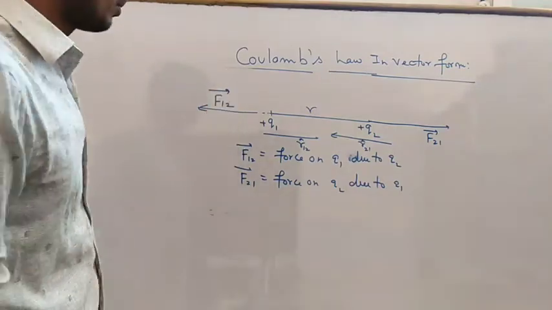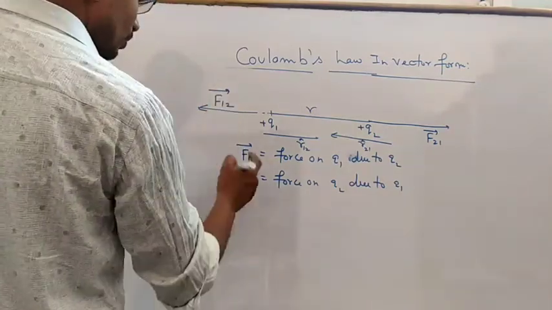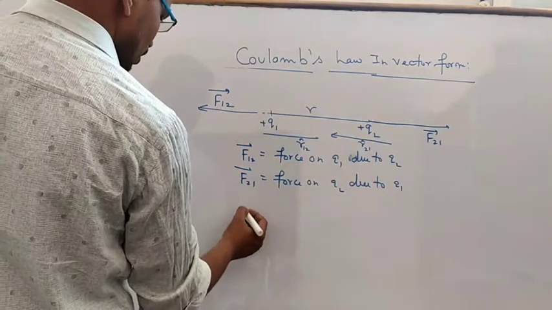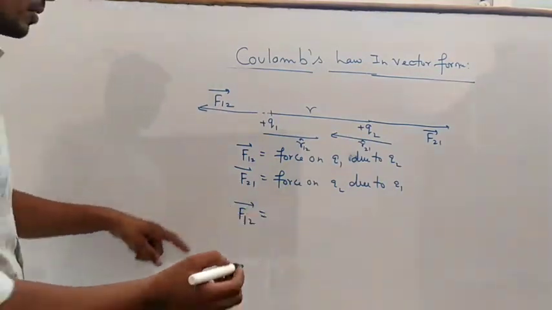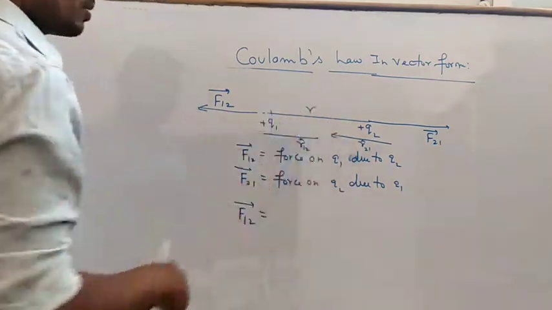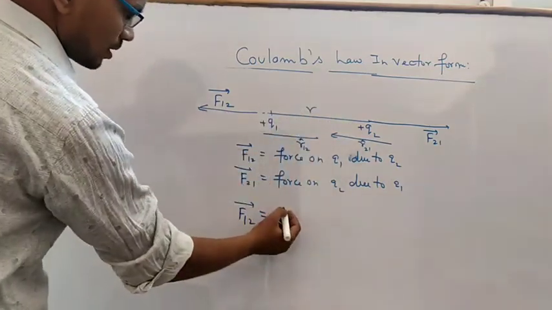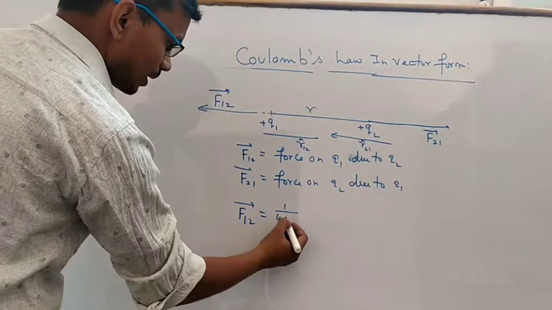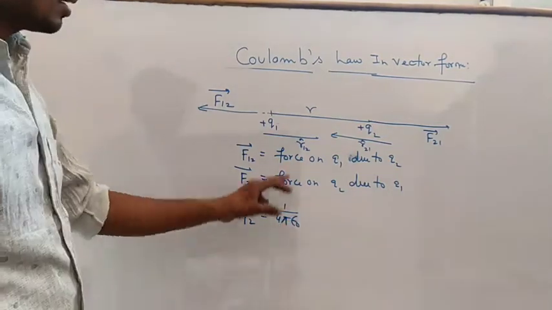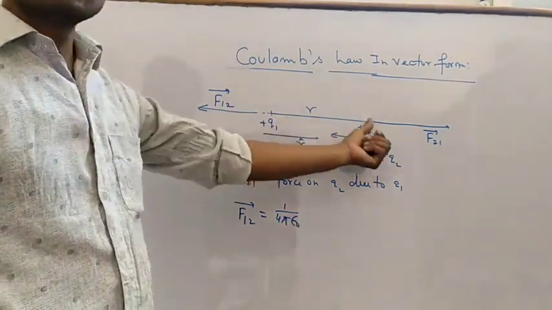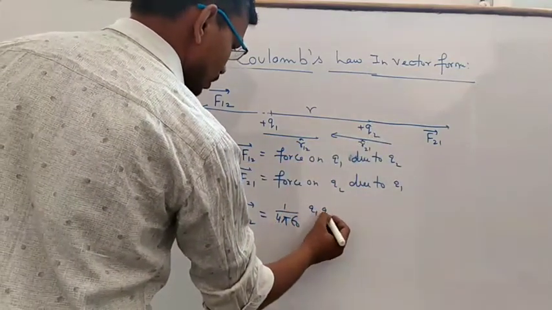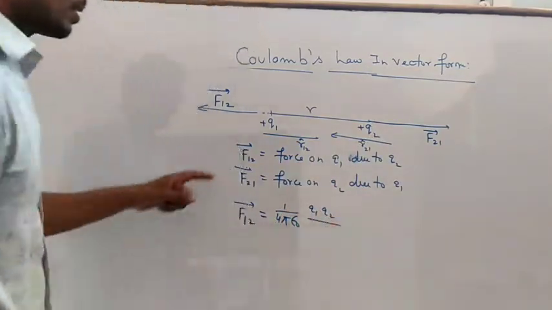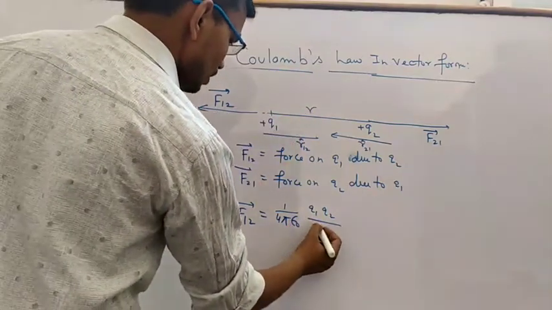If you want to calculate the force vector F12, suppose the system is situated in vacuum, then the same condition: 1 upon 4 pi epsilon naught Q1 Q2 upon r square.